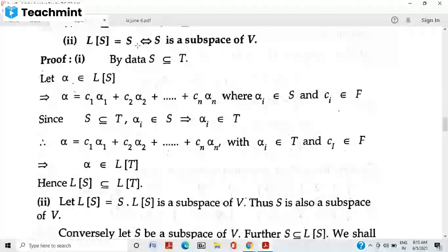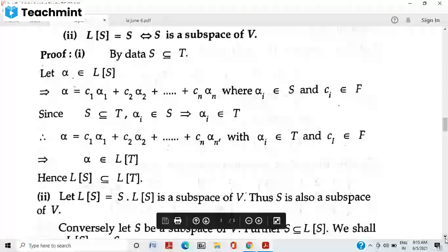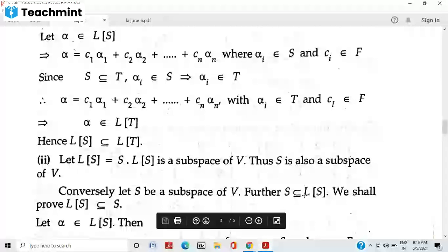L of S equal to S. But for that also, we proved in yesterday's theorem 1 that S is contained in L of S. We got this condition, S is contained in L of S. Then we should prove only one more condition, L of S is contained in S.